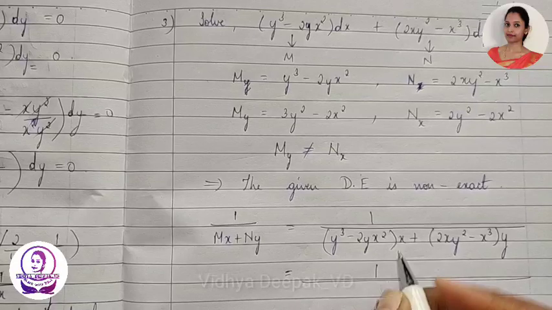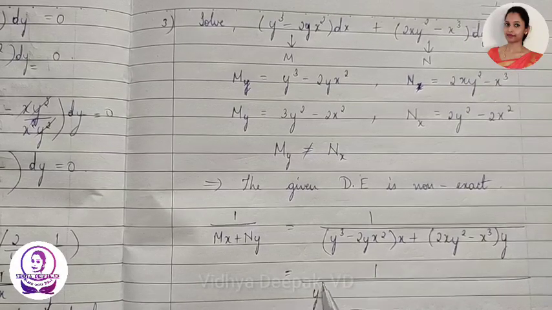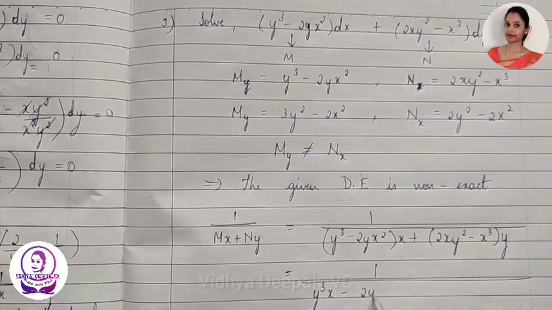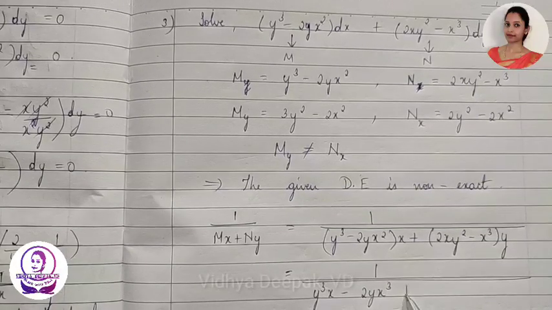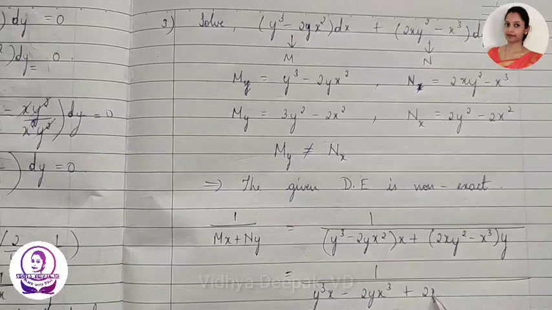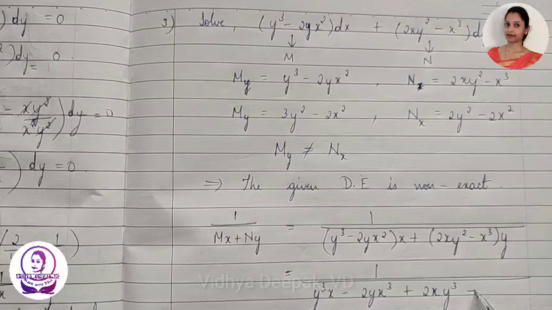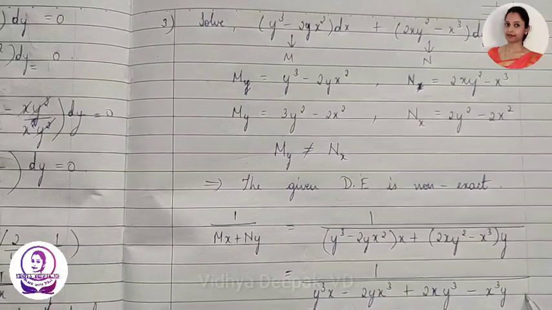So now multiply this x inside: y³x minus 2yx³ plus 2xy³ minus x³y.